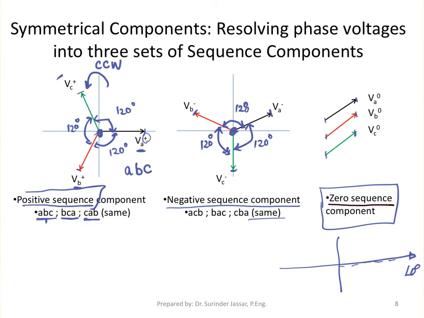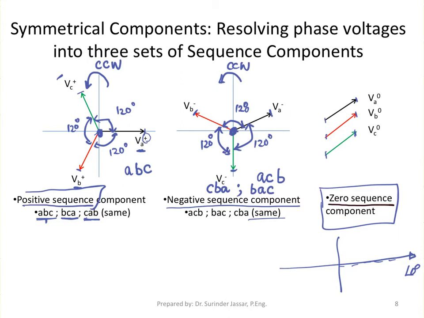If you rotate it in the center in the counterclockwise direction, you're going to see A followed by C, C followed by B. Again, you can start anywhere. You can start at C, so C is followed by B, B is followed by A. Or you can start at B, so B is followed by A, followed by C. So that's the negative phase sequence.